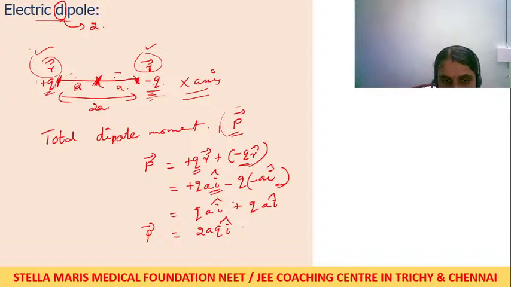So a I cap, minus q times, since we measured from the center to each charge, the directions are opposite, so minus a I cap. Plus minus into minus plus, the total dipole moment formula is plus 2aq I cap.